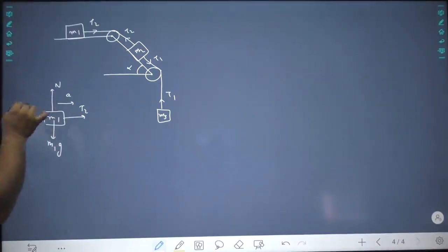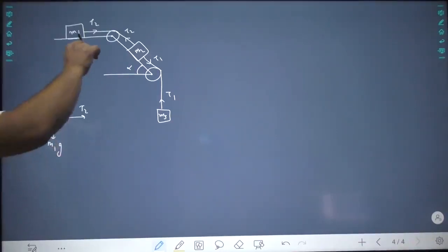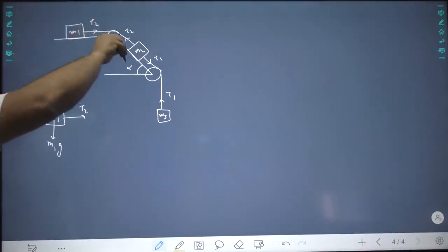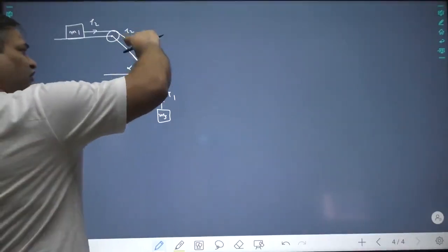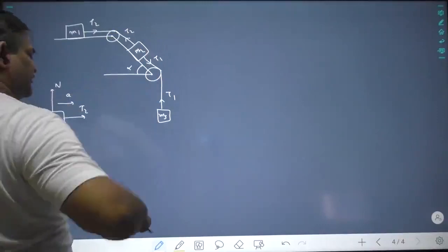How many of you got this right? I have got this right. How many of you assumed the same tension in both? You have to assume different tensions because this is going down, so there must be some unbalanced force.